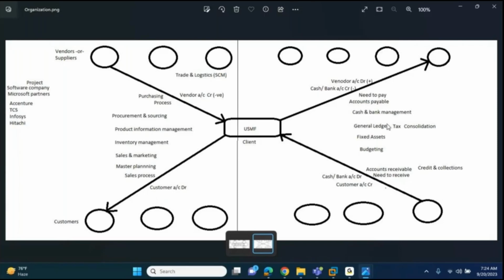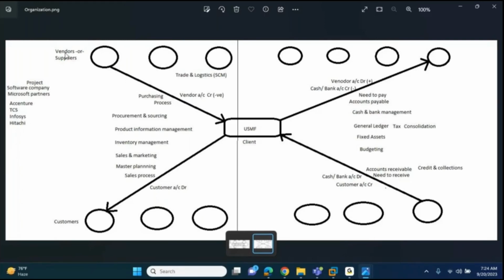Then periodically you need to verify what is the profit and what is the loss. To calculate that, it is general ledger. And you need to apply taxes, so you need to understand the tax module, and also fixed assets and budgeting. So you are going to learn accounts payable, accounts receivable, cash and bank management, credit and collections, general ledger, tax, consolidation, fixed assets, budgeting. All these modules you are going to learn in the finance topic.